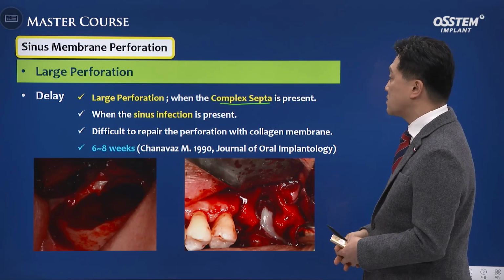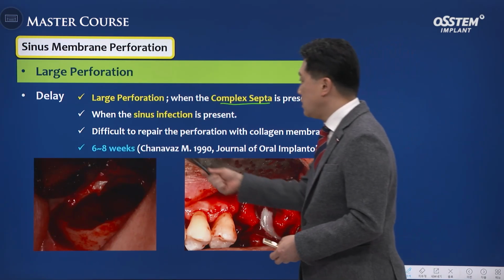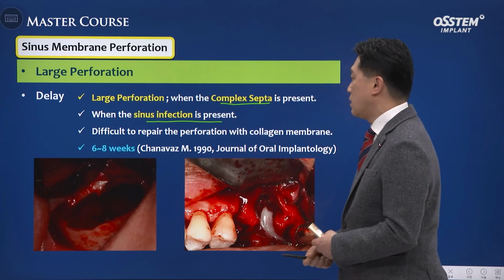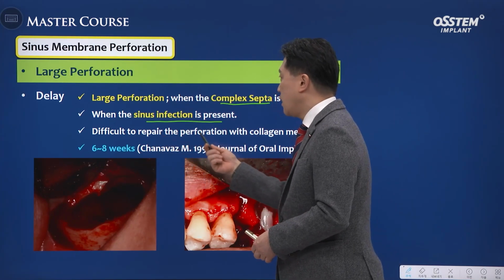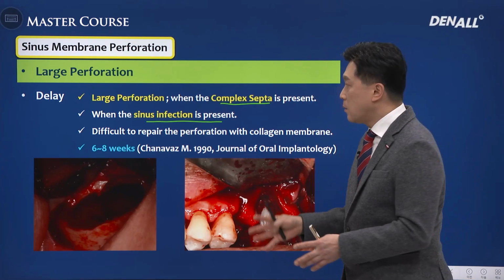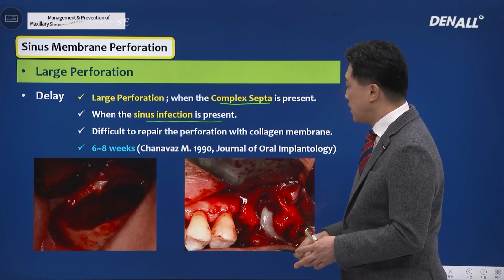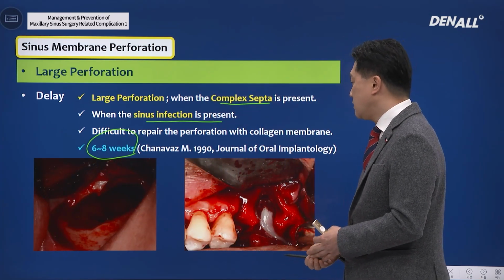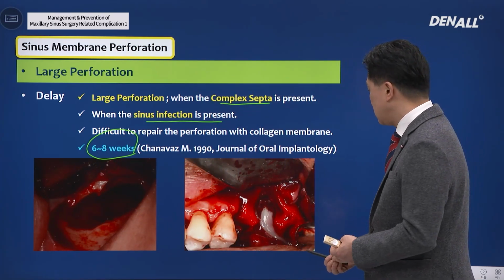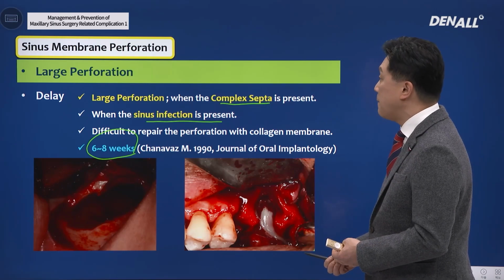You make it flat, and after flat reflection, when you detect the sinus infection, and if it is difficult to repair using resorbable membrane, then you can just close off. There are issues, however; after waiting about 6 to 8 weeks or 2 months, you can get another chance at doing sinus surgery.